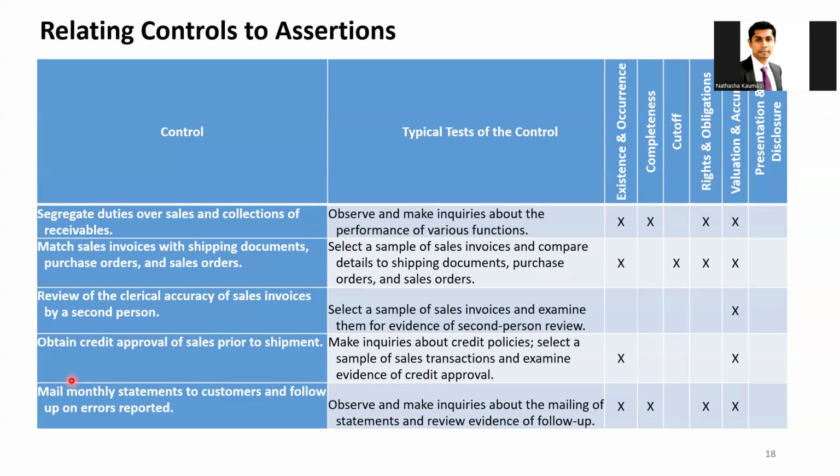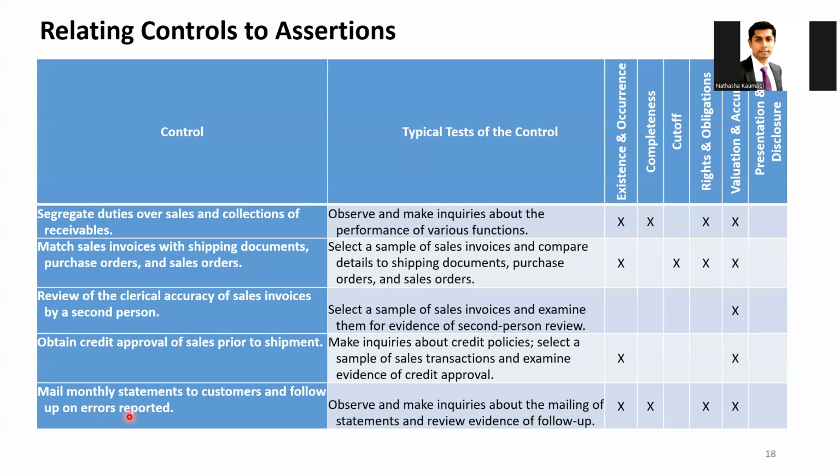And then mail monthly statements to customers and follow up on errors reported. Monthly, you are going to send the statements to the customers. I told you when there are multiple invoices pending from a customer, you prepare a report, a kind of statement with the sales invoice numbers, the details, the amounts, and all.